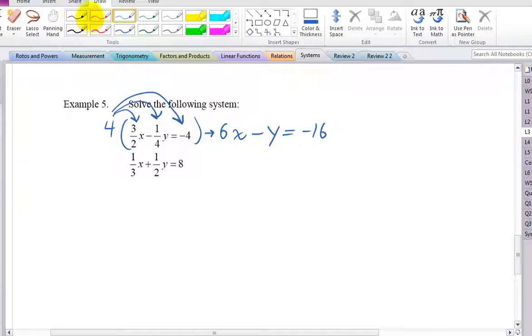We're going to multiply the bottom one by... So the top one was one of the numbers, but the bottom one, yeah, multiply the 2 of them together. 3 times 2 is 6. 6 will work for both. Okay, you've already been doing a little bit of this stuff. So 6 times 1 divided by 3.